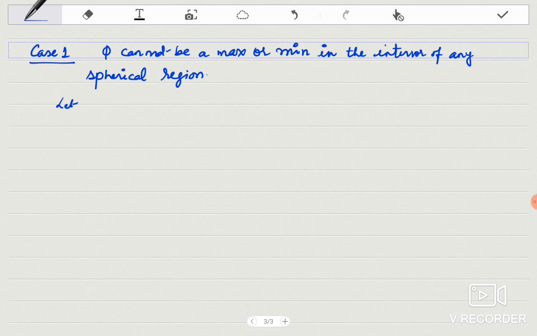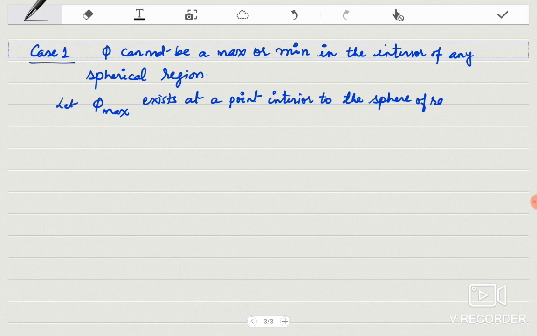Let φ maximum, whatever I will do for φ maximum, you may easily do for φ minimum. Let φ maximum exist at a point interior to the sphere, and this is a sphere of radius r.